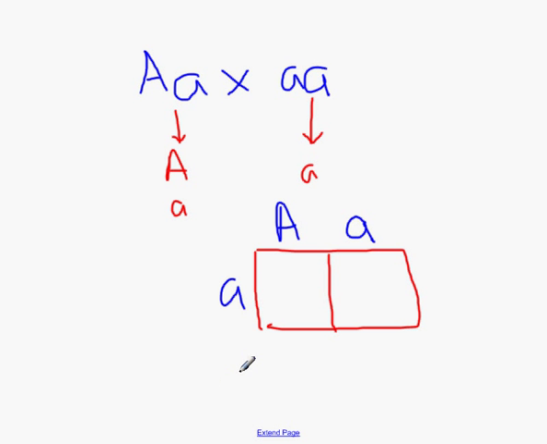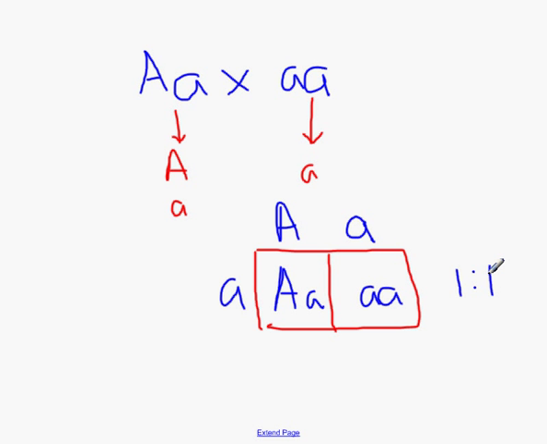Now, I could put another little a down here, but the mathematics just divides by 2. Who are the possibilities? Let's fertilize them. Bring the gametes back together. Big A, little a, little a, little a. Okay? What is the ratio? These are big, these are small. It's a 1-to-1 phenotype relationship.